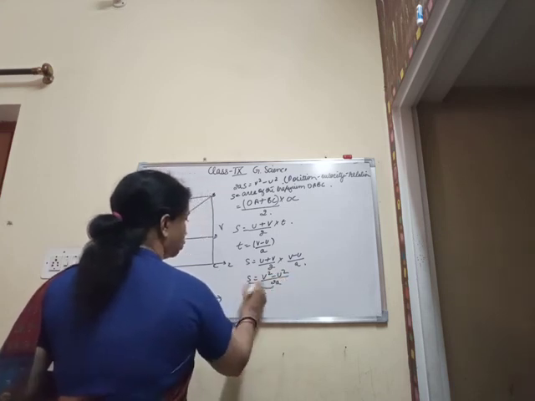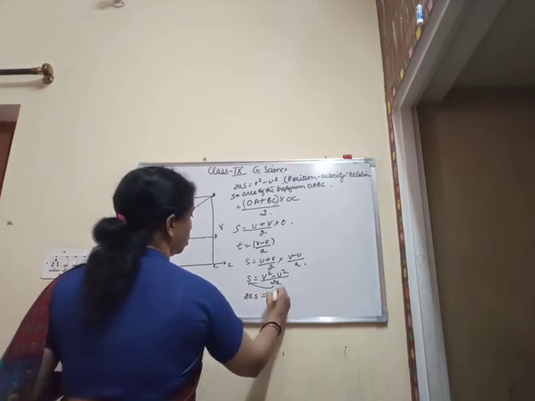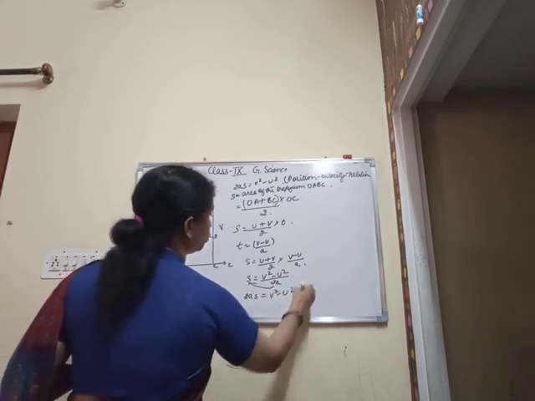So here 2A goes in multiplication with this. So 2AS is equal to V square minus U square.